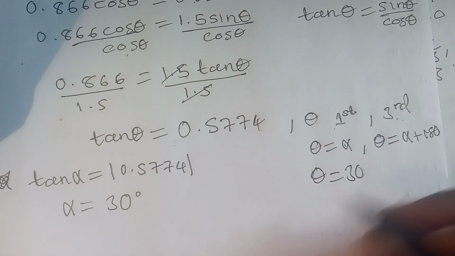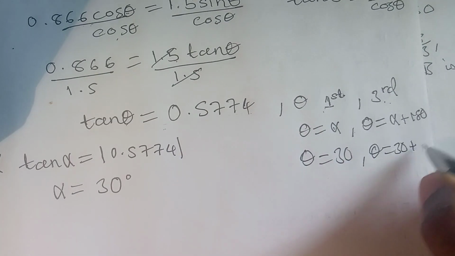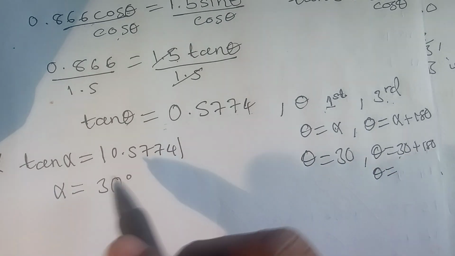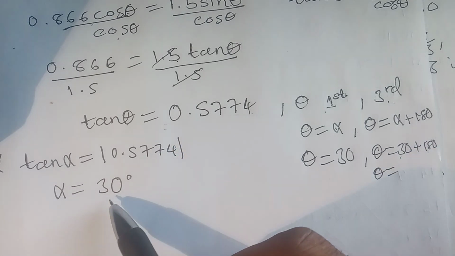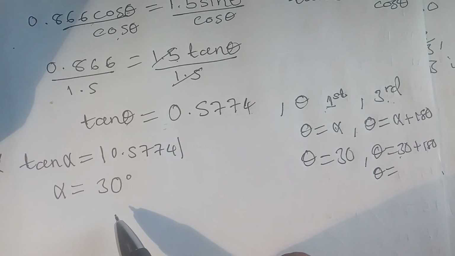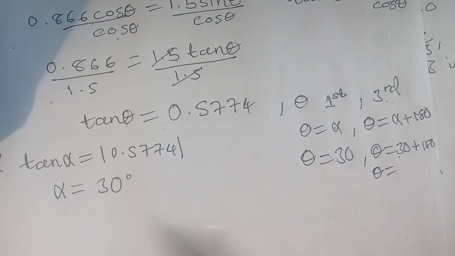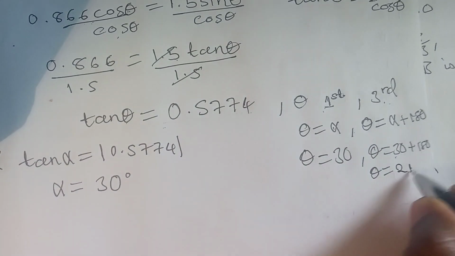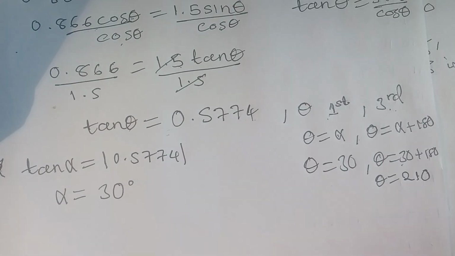And then in the third quadrant, theta is equal to 30 plus 180. If there was a lot of rounding off at any of these stages, then you expect to get something like 29.99 and some numbers, which will still round off to this. So that's acceptable too. So this would be 210. So this solves the first part of the question.